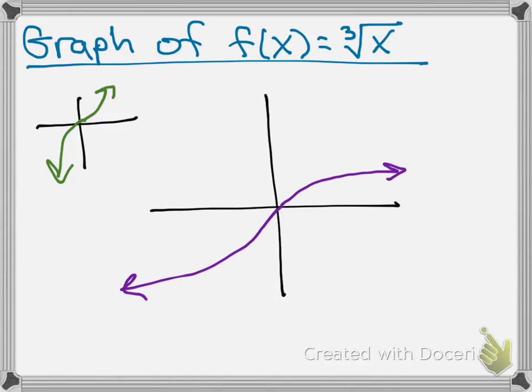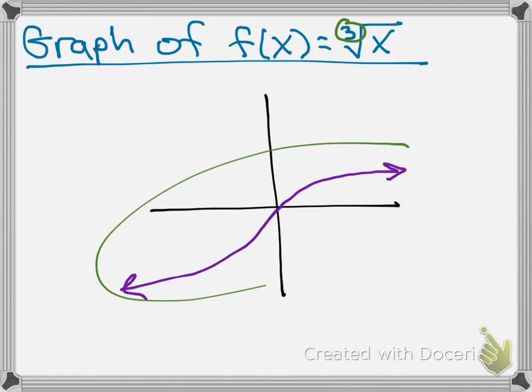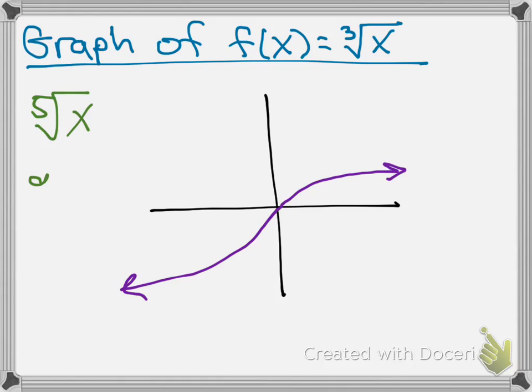The same sort of generalized concept applies when we're talking about these radical functions. If your index, remember that's the little number above your radical sign, is odd, then your overall function is going to look something like this cube root function. So if you're trying to graph the 5th root of x, or the 9th root of x, or even something crazy like the 27th root of x, because all of those indices are odd, the general shape of that function will look something like this cube root function.